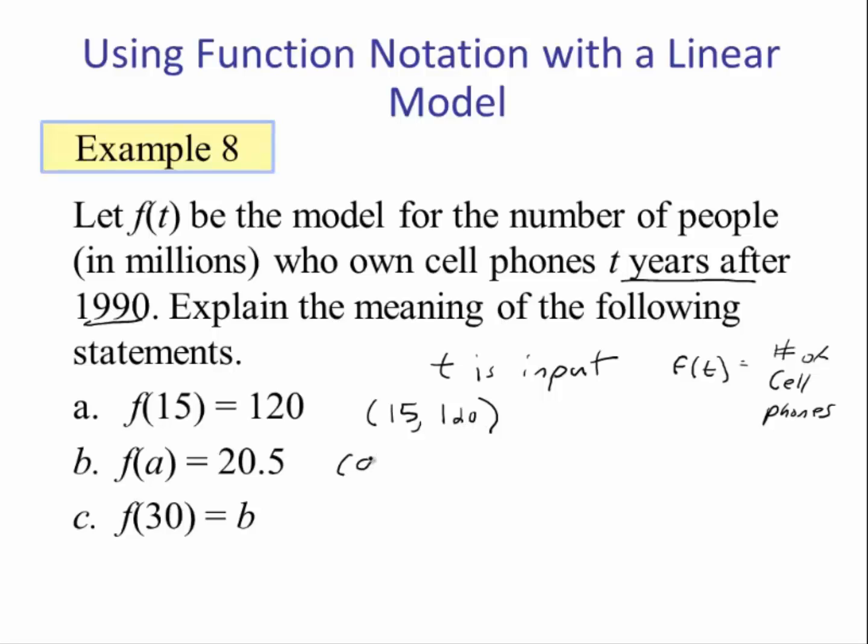B, when the input is a, the output is 20.5. So this means a years after 1990, there are 20.5 million people who own cell phones. And C, when the input is 30, the output is b. So what this means is in the year 2020, there will be b million people who own cell phones.